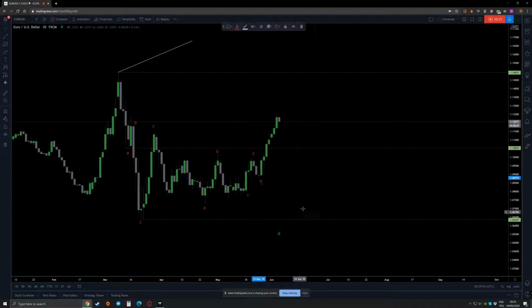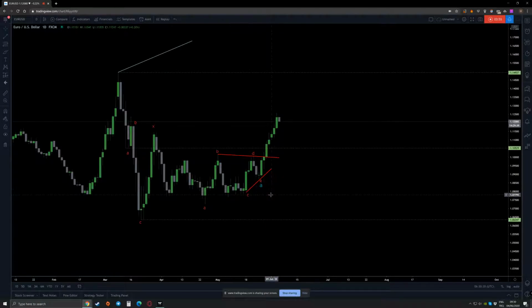Now what we should do is connect the B to D trend line and also A and C, or C and E, or A and E. In this case, it does look like C and E. Now, as you can see, I can say this wave in a bigger degree has ended here.